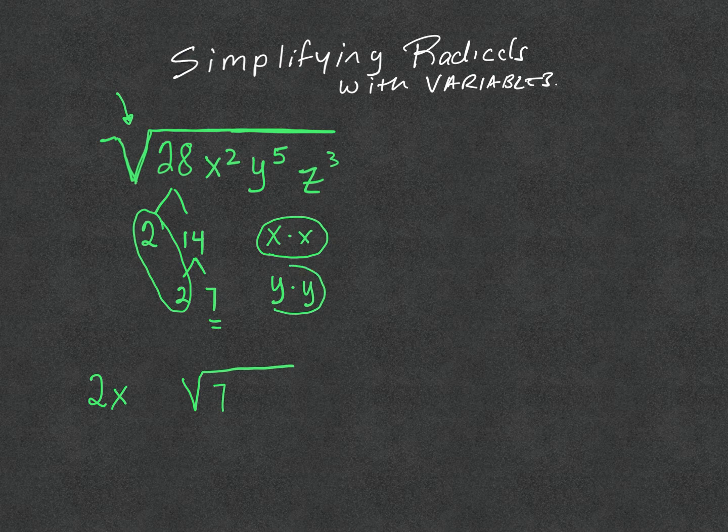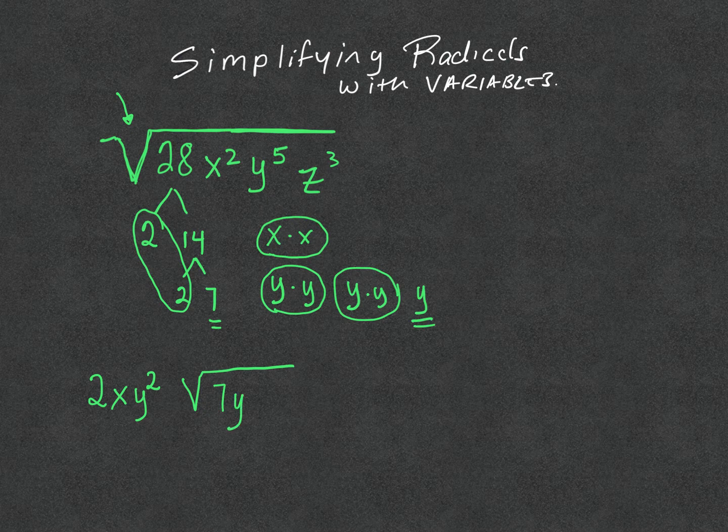That's a group. Y times y. That's another group. Now, we do have a y that's left over. The square root of y squared is y. And then we have two groups, so it's y times y, which is y squared. Now, this y will have to stay in the radical.